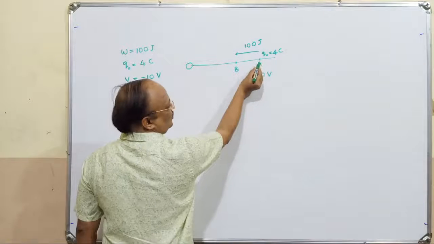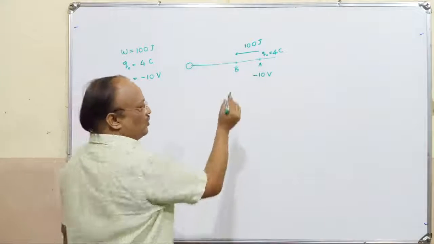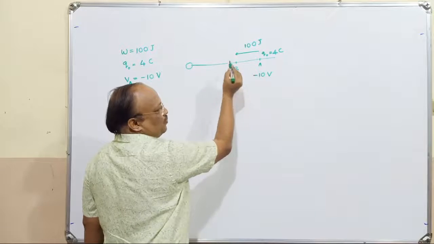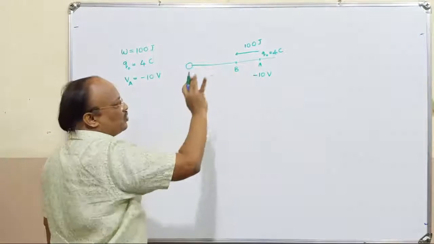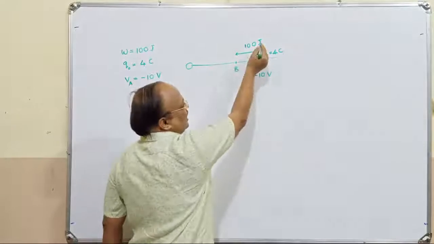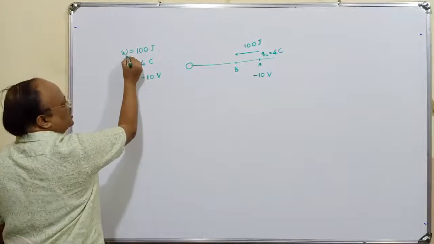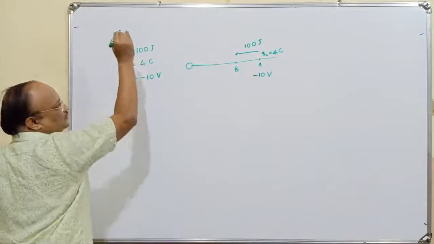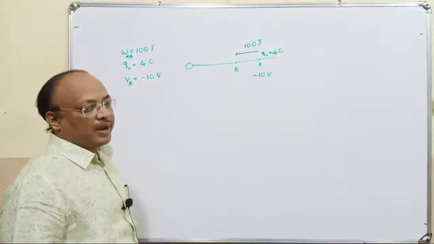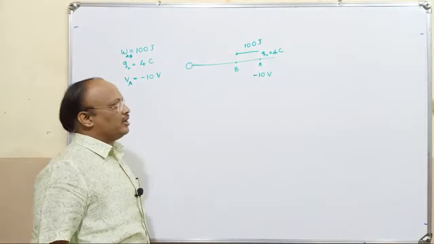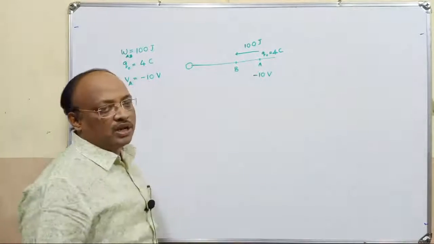You are pushing the 4 coulomb charge from A to B. The source charge is not allowing it to come close, but you are applying an external work WAB of 100 joule to push the test charge of 4 coulomb from A to B. This is our question.